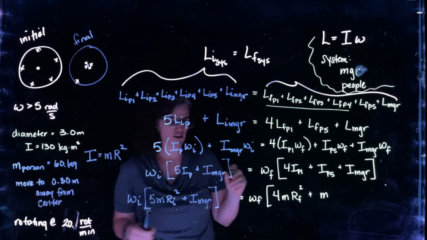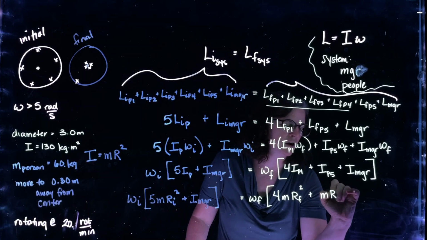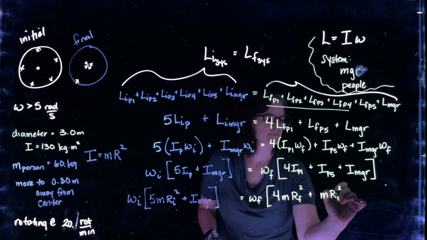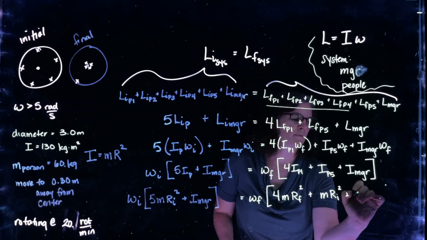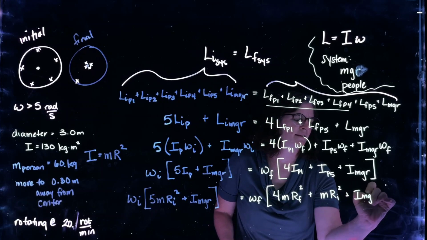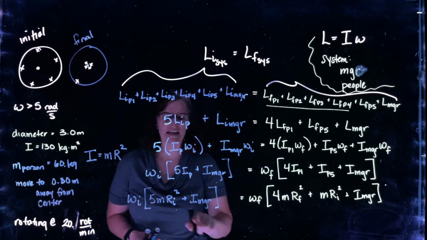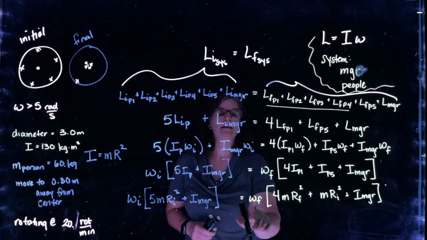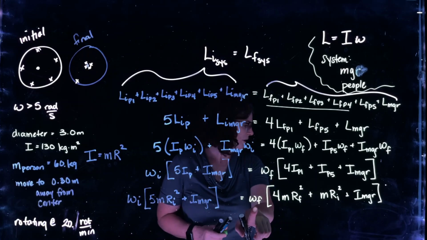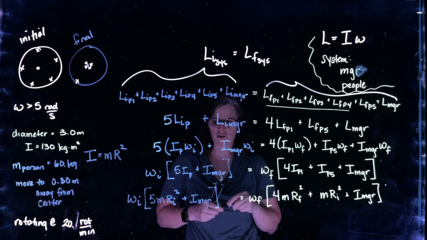They're still on the edge. So we can say times R initial squared, plus, of course, the moment of inertia of the merry-go-round. And now we have a whole bunch of numbers we can just plug in. Everything now is known, and we're going to then solve for our final angular speed.